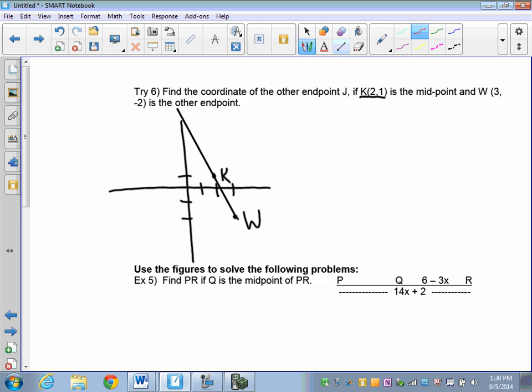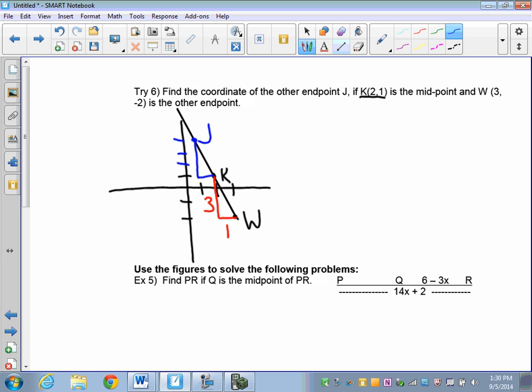So how far did I go? I went to the left 1 and then up 3. So I'm going to do the same thing. I'm going to go to the left 1 and up 3. There's my point. This should be, doesn't even give us a letter.